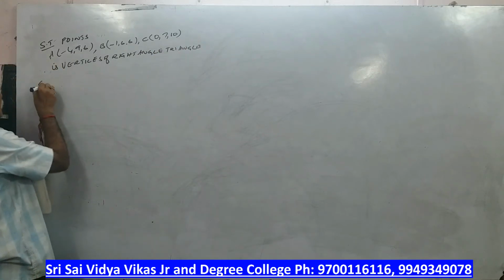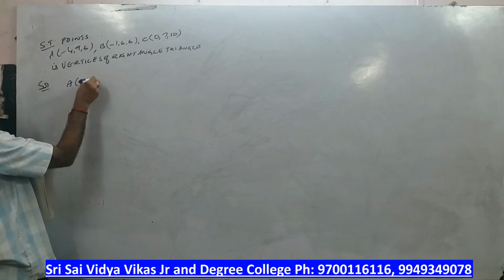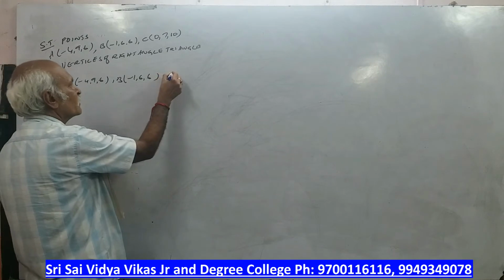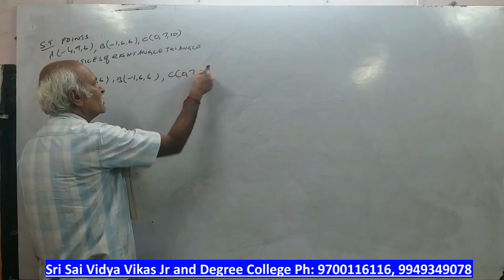Right? Solution. A point is (minus 4, 9, 6), B point is (minus 1, 6, 6), C point (0, 7, 10).